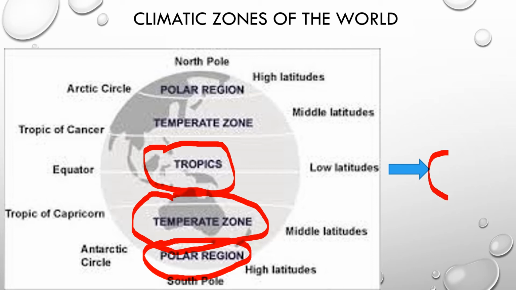The equator is at 0 degrees. Then we move upwards. We have the Tropic of Capricorn and the Tropic of Cancer, which are located at 23 and a half degrees latitude, and Pakistan is located at about 23 and a half degrees.